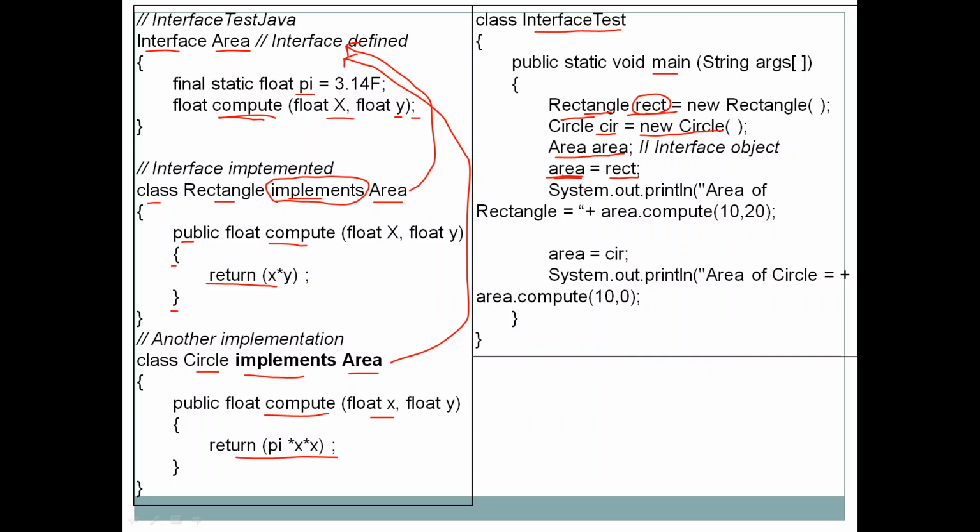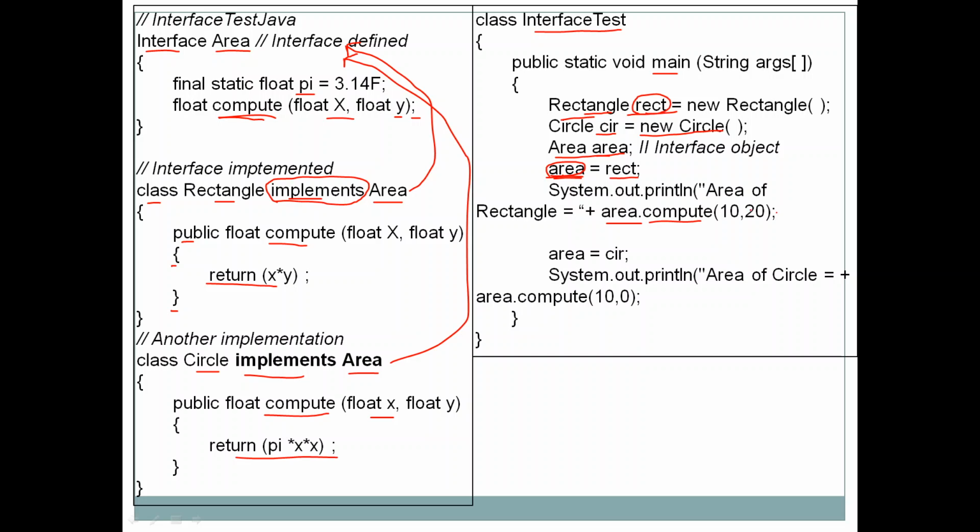And what we have done after that, System.out.println, area of rectangle is equal to area dot compute, and we are passing 10 comma 20. So this will call the compute method of class rectangle, because we have assigned the reference of rectangle to area.